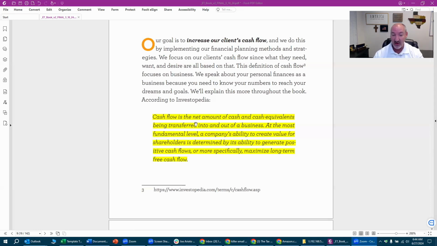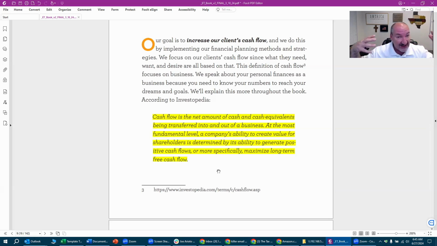So cash flow is the net amount of cash and cash equivalents being transferred into and out of a business. At the most fundamental level, a company's ability to create value that's important for shareholders, which is yourself if you are the only owner. And if you have a family, they may not own the business 100% like you do, but they are your family, your heirs.